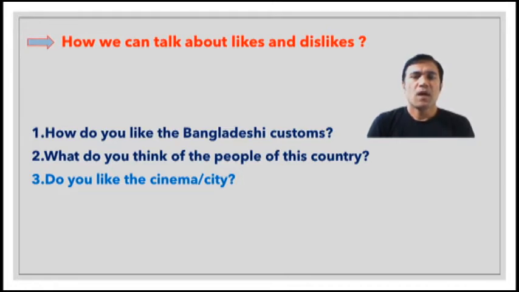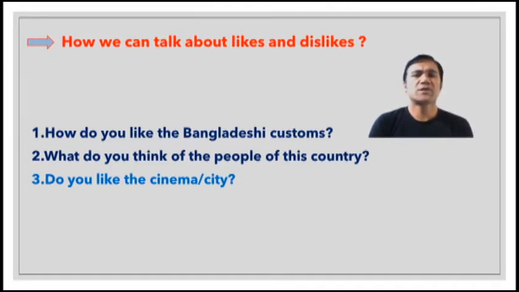So you can ask in other ways. Do you like the city? Do you like the people? Do you like pizza? So you can change the noun and you can make many more sentences.